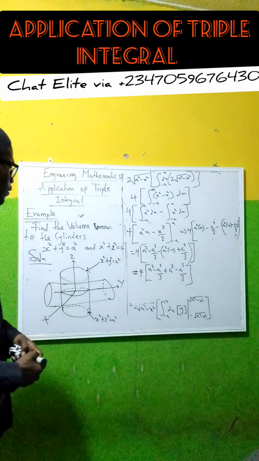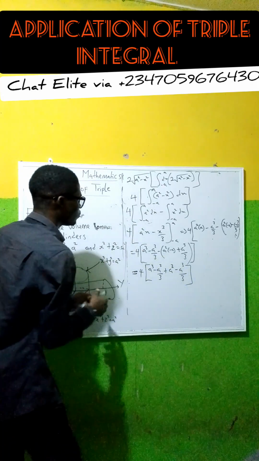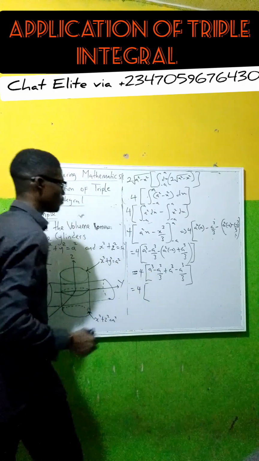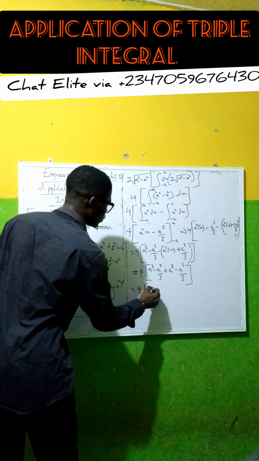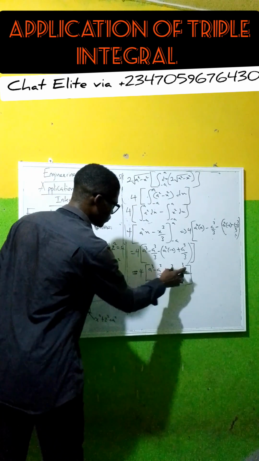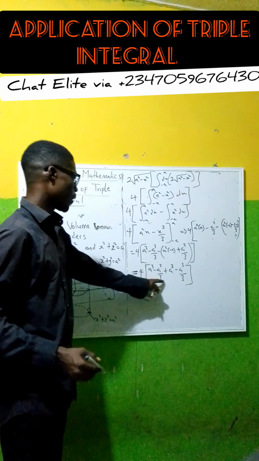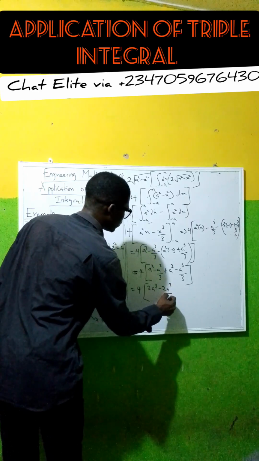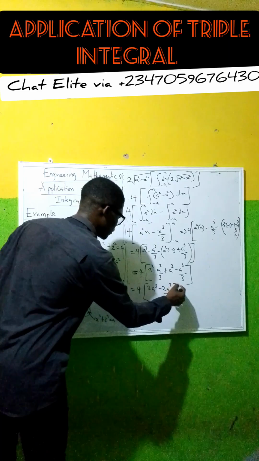Are we together? So all right, we are going to be having 4 into, this one can add this, so we are having 2a cube, then minus what? Minus 2a cube over 3. All right, so that's it.